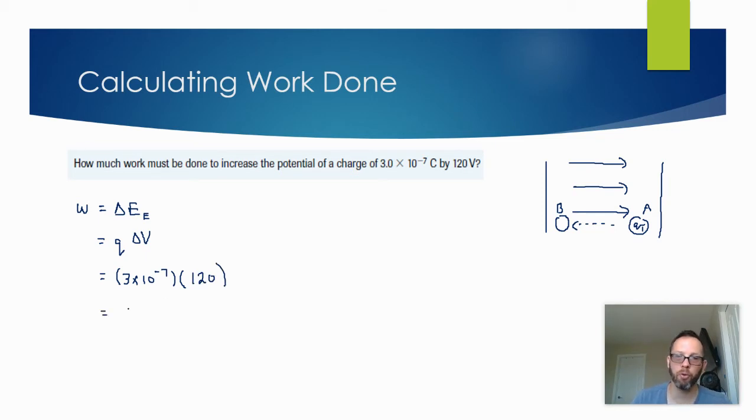Again, that's joules per coulomb. So when we use volts and coulombs, we're going to get out energy, joules, as our final unit. So that is 3.6 times 10 to the minus 5. I think it's 10 to the minus 5. Yes.